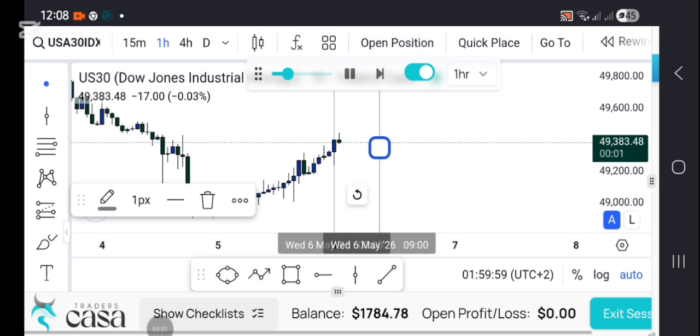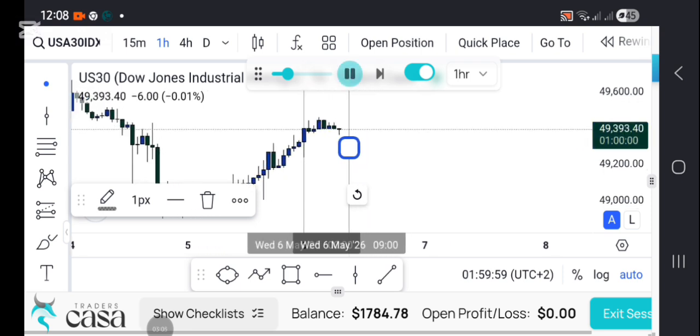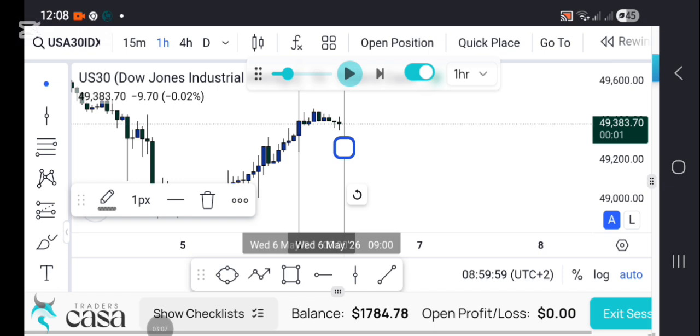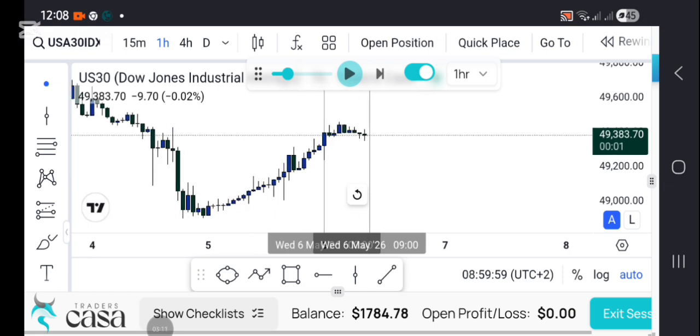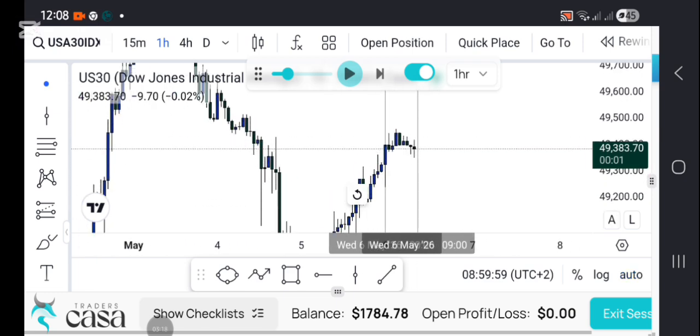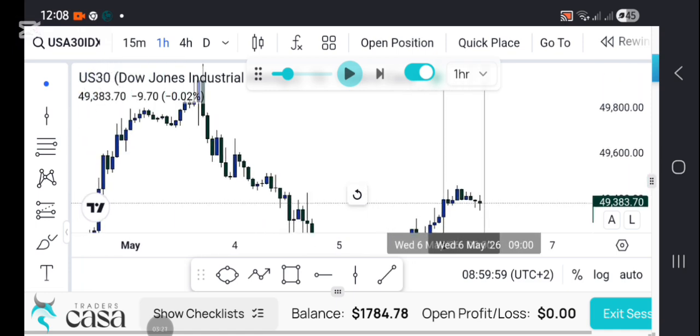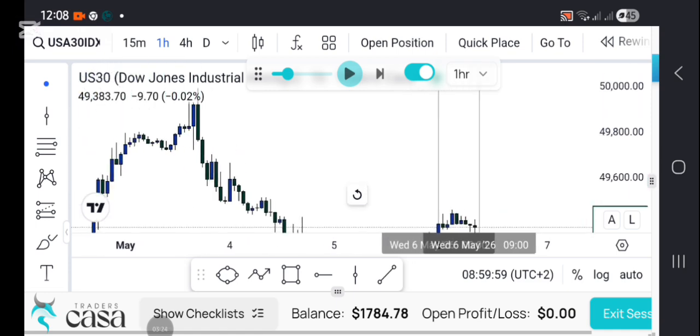Remember, before we get our 9 a.m. candle, I just want to put this out there real quick for you guys so that you can understand the strategy way better than I did the first time I learned it.